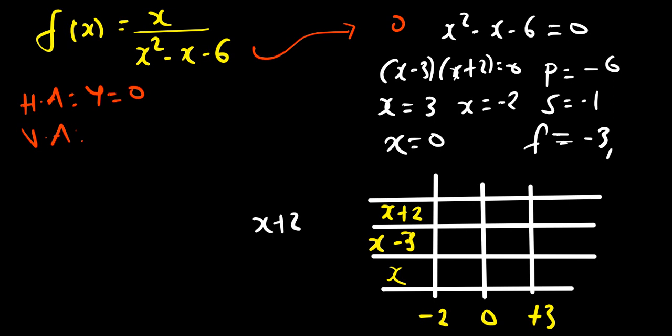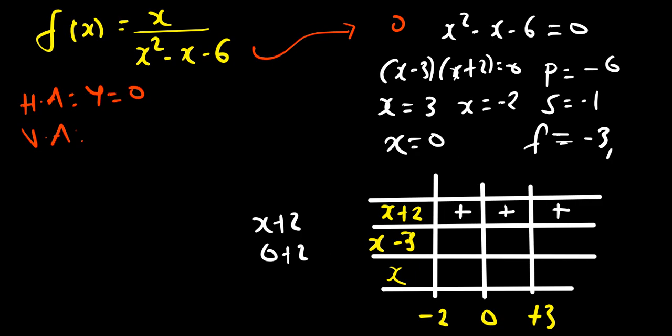Let's look for numbers that are greater than negative 2 and put them there. If we put a 0 here, you'll get a positive number. So in this region, these ones will be positives. So this one will be a positive, this one will be a positive, this one will be a positive.